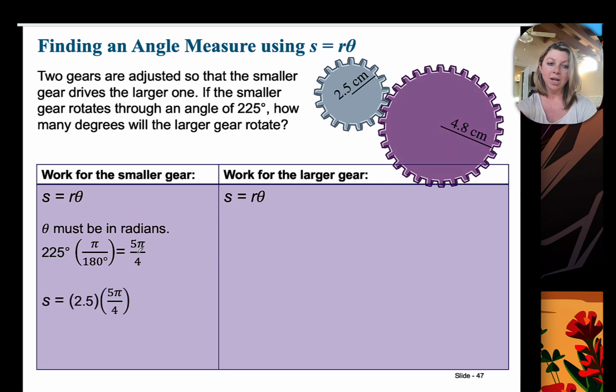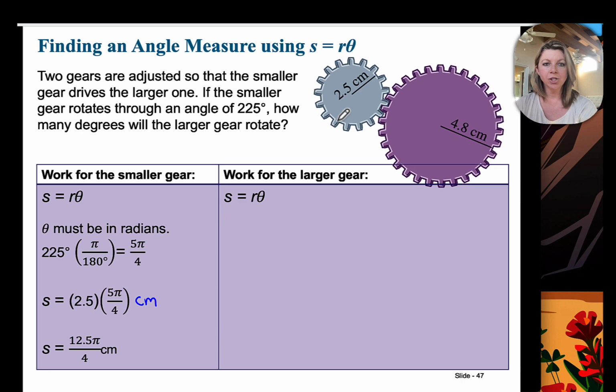The other thing that we know is R, which is 2.5 centimeters. This is all for the smaller gear, okay? So we plug in our 2.5 centimeters and our 5 pi over 4 radians, and we calculate, and it turns out that the arc length is 12.5 pi over 4 centimeters.